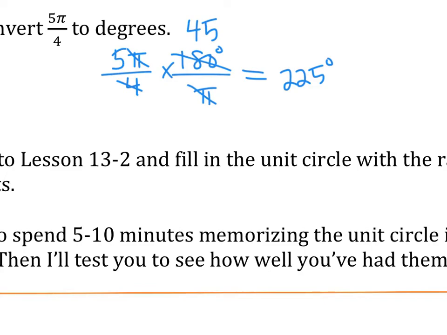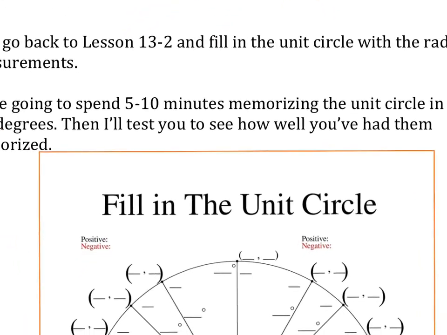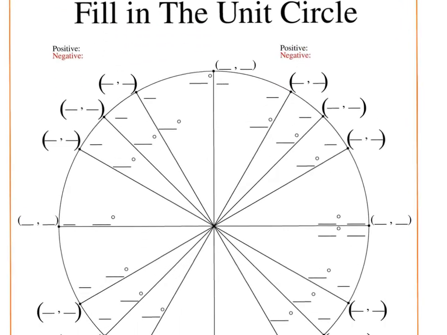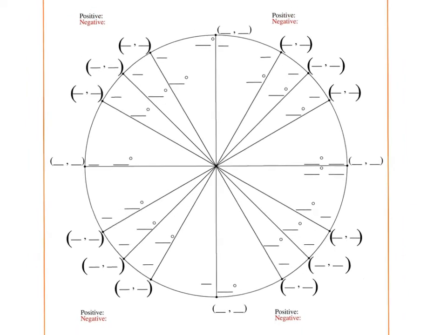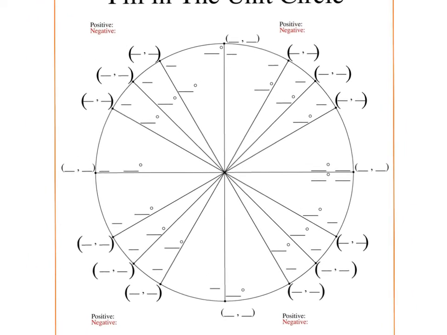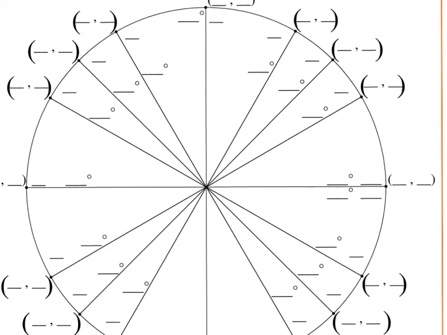Okay, so now what I want you to do is go back to 13.2 and fill in the rest of the unit circle. I have another blank one here, but you had everything filled out. For example, you had 0 degrees and 30, 45, 60, all that stuff, and then you had 1, 0 here.